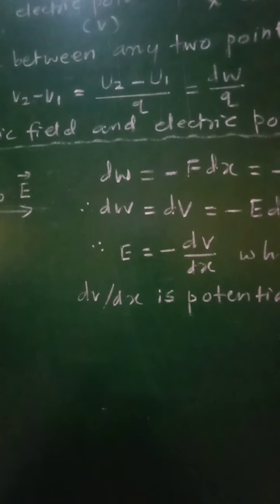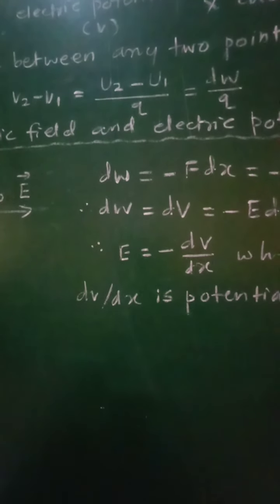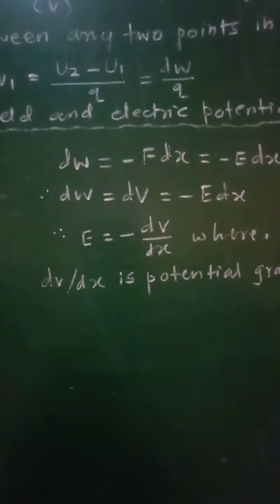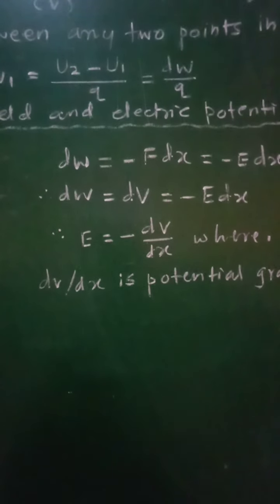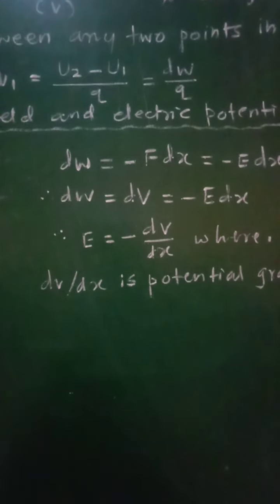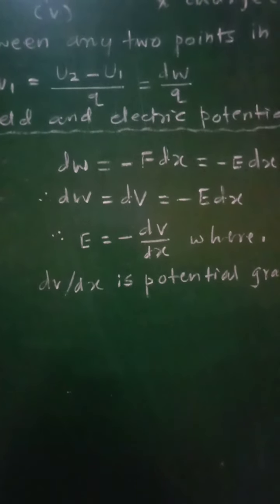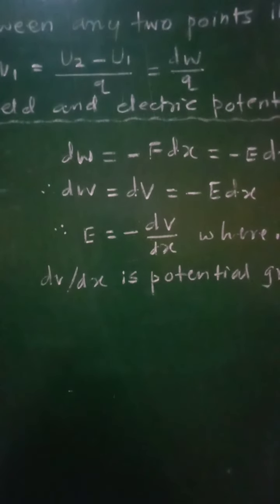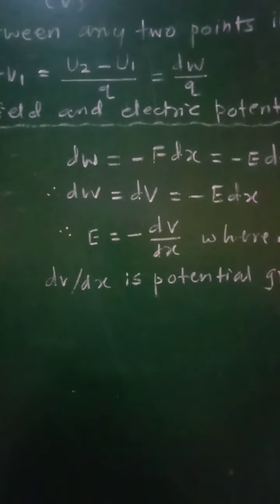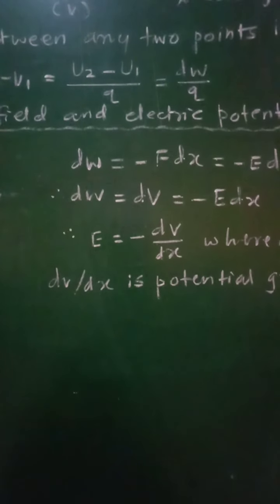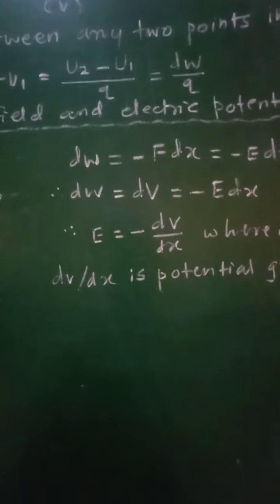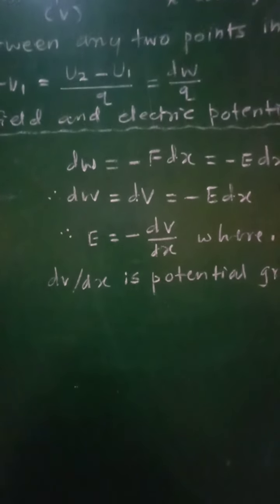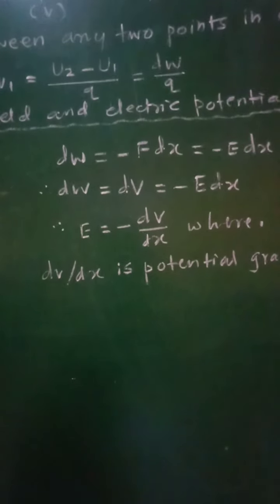This work done on unit positive charge is equal to the potential difference between the two points M and N. Hence we can write dW equal to dV, that is change in potential or potential difference, that is equal to minus E dx.